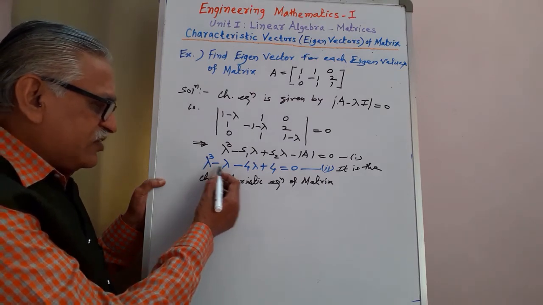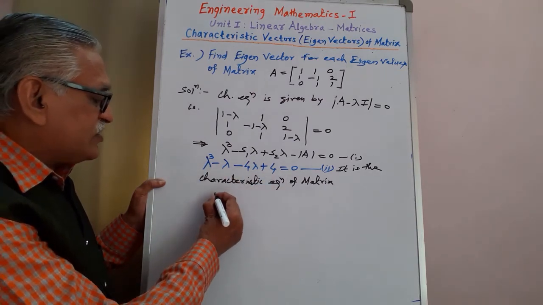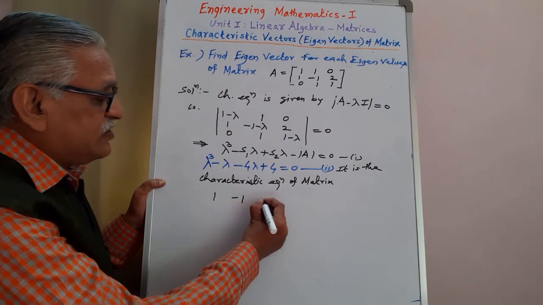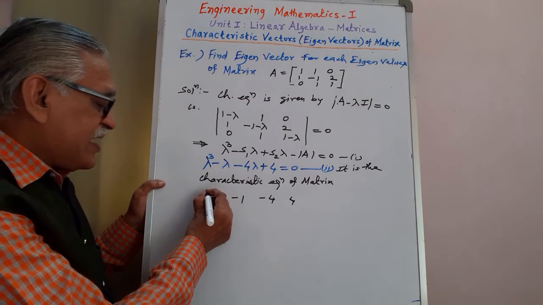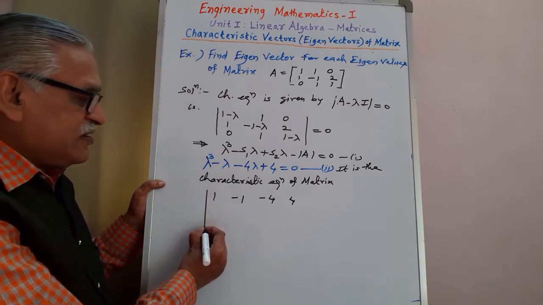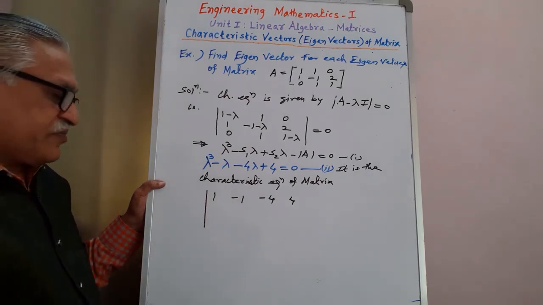For that we have to write down the coefficients in decreasing order. First is 1, second is minus 1, third is minus 4, fourth is 4. And by the trial and error technique we have to determine the roots.